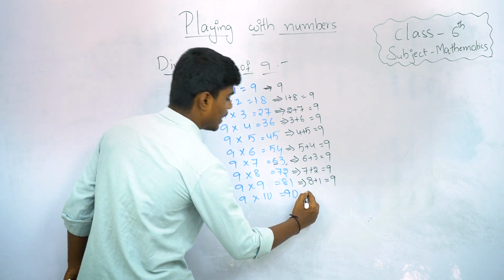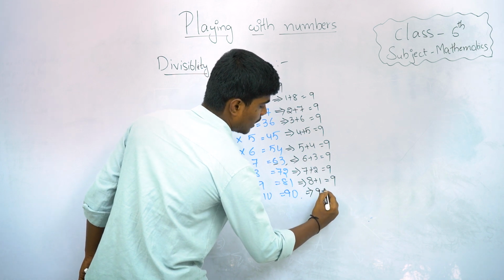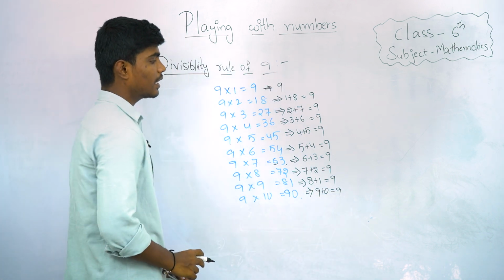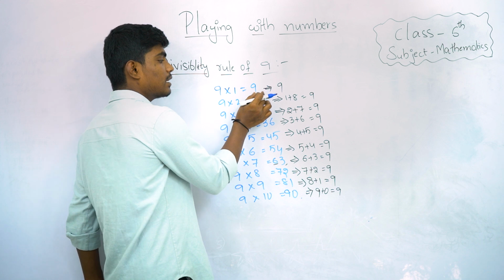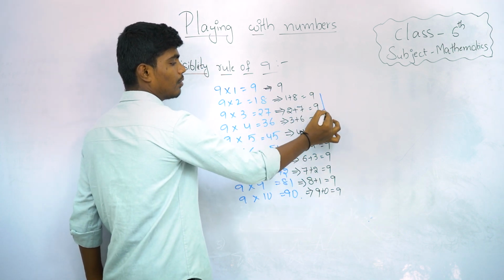Next, at last, 90: 9 plus 0 is 9. Here if you observe, the sum of the digits is always 9.